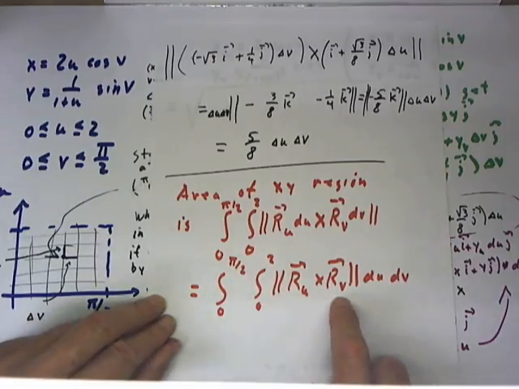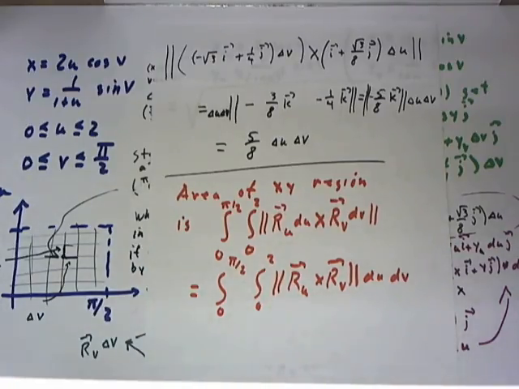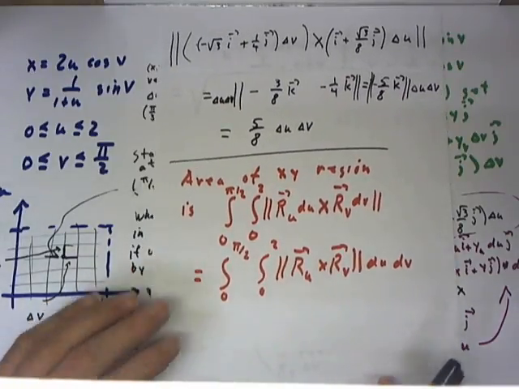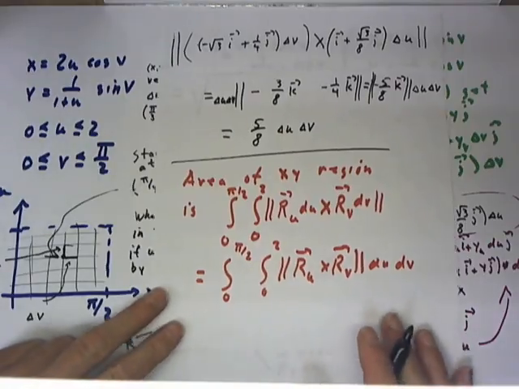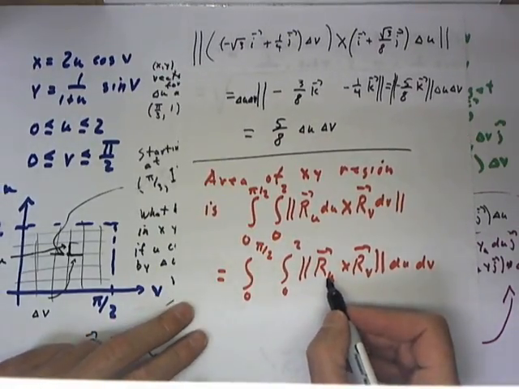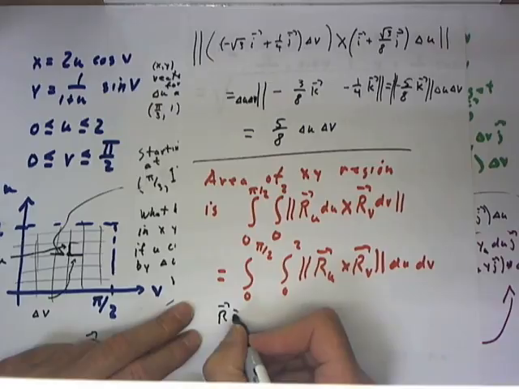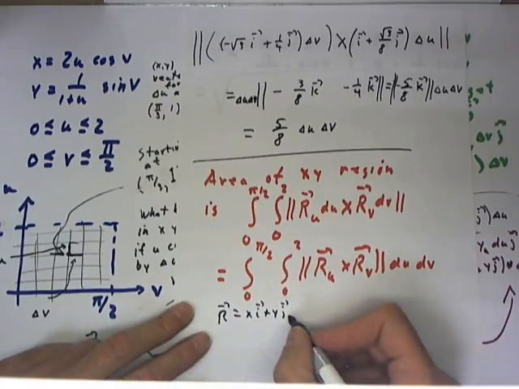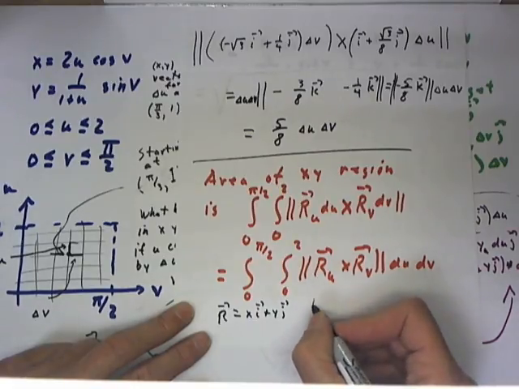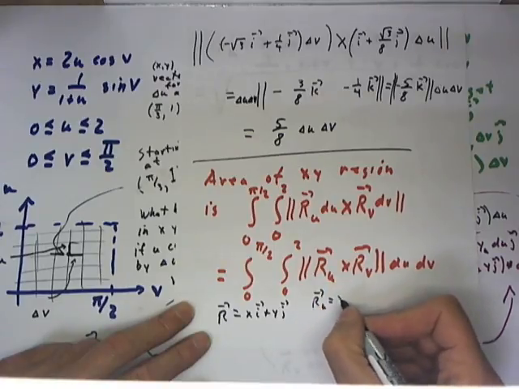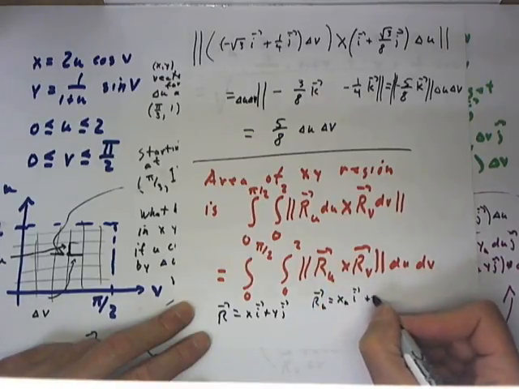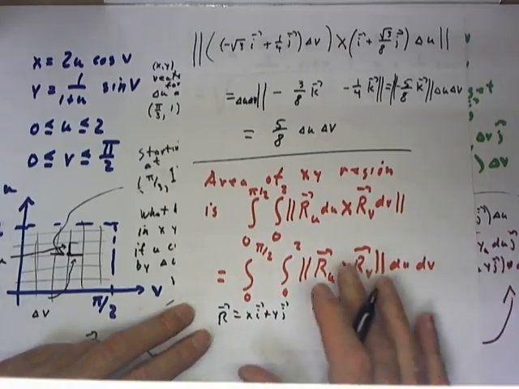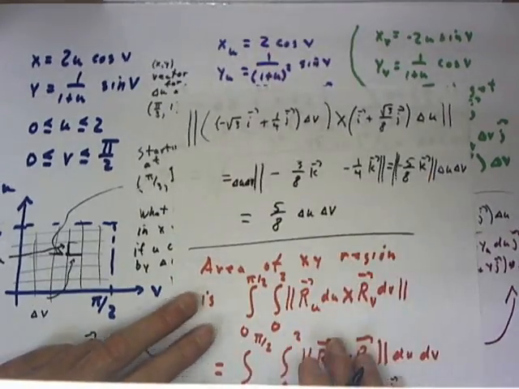Now, just to be specific about what ru and rv are, we're not actually, I don't think, going to go so far as to actually do this integral. It's probably going to be a pretty challenging integral. But remember that our r vector is x i plus y j, so that ru equals xu i plus yu j, and we found xu and yu here.